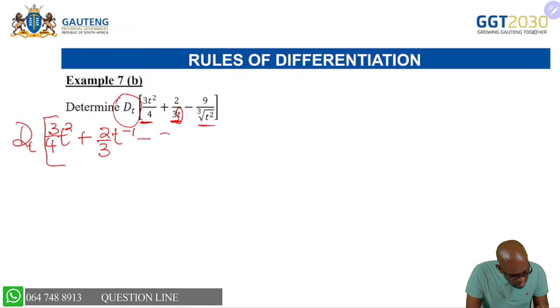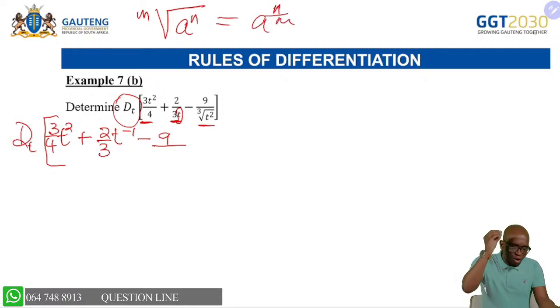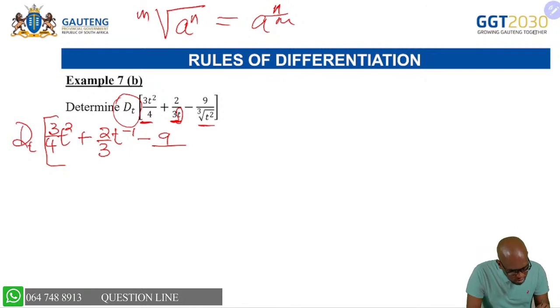Now minus 9 over, if I convert this to exponential form, obviously if I have the m-th root of a to the n, this is equal to a to the n over m. The degree of the radical becomes the denominator there. Now this would be t exponent 2 over 3.